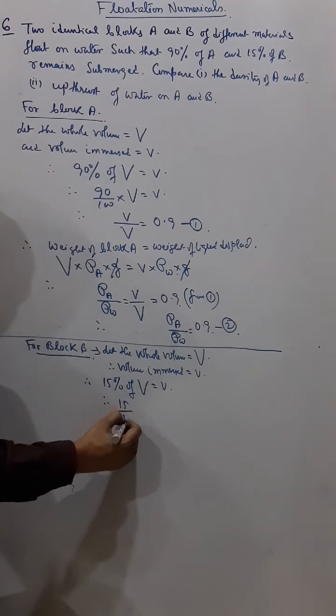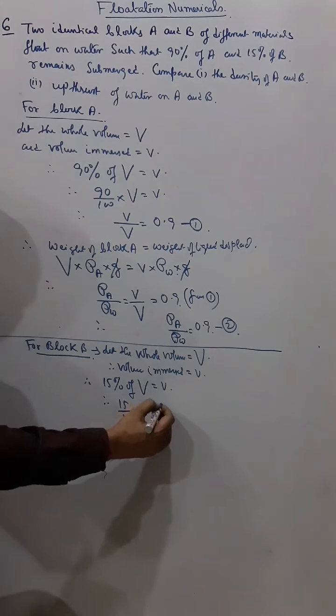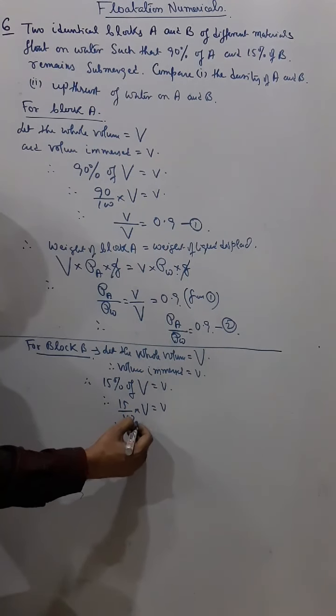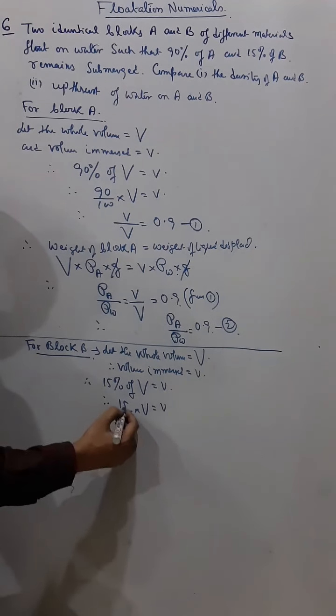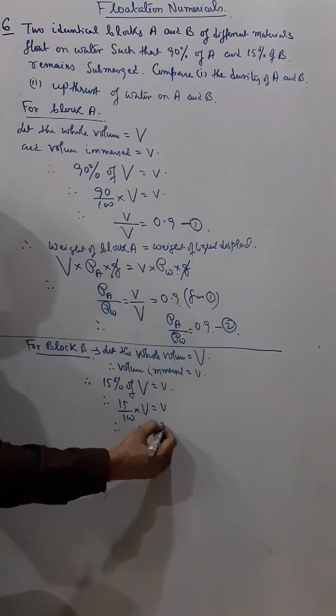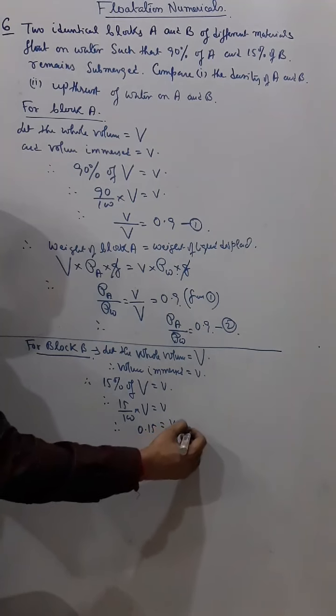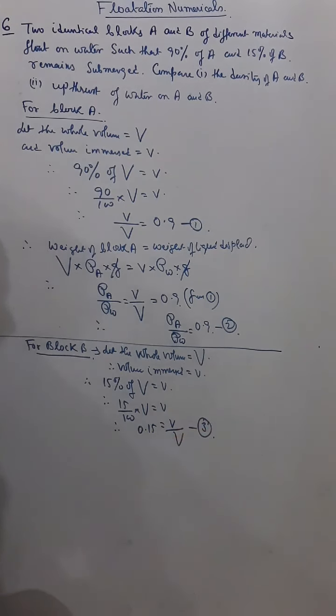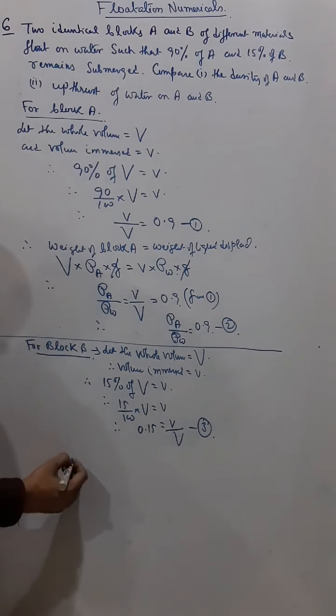So 15 by 100 into capital V is equal to small v, and therefore finally 15 by 100, that is 0.15, is equal to small v by capital V.